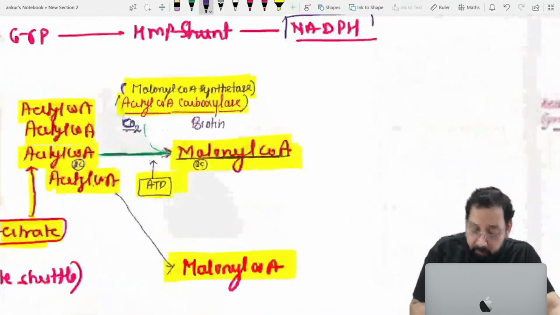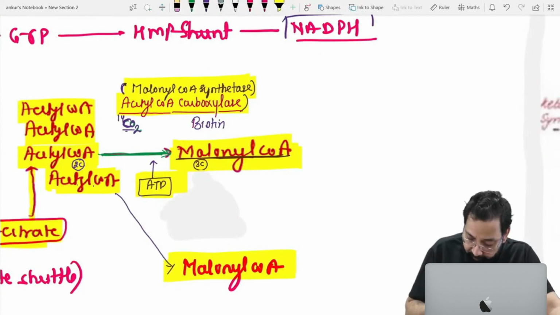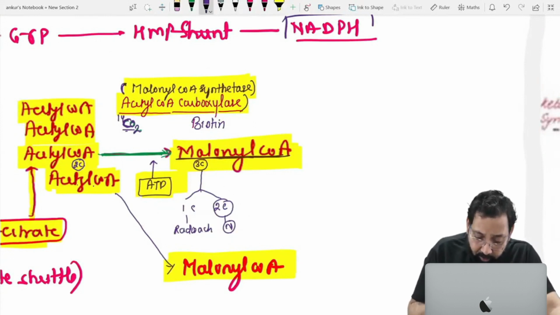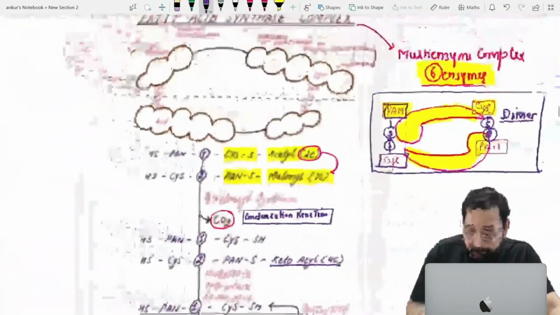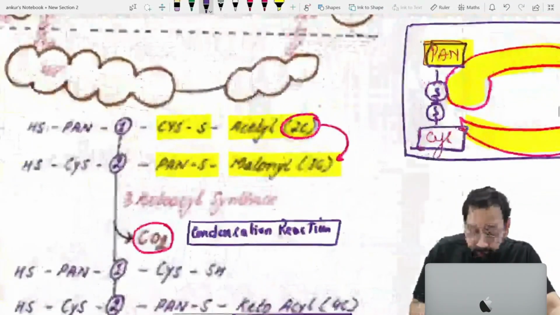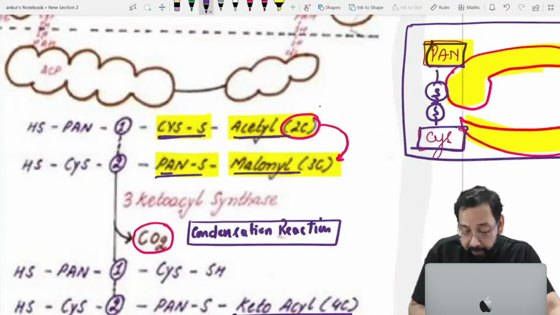And if you take this carbon radioactive, then out of these 3 carbons, 1 carbon will be radioactive. Now we found that one acetyl binds with cysteine, one malonyl binds with pan.